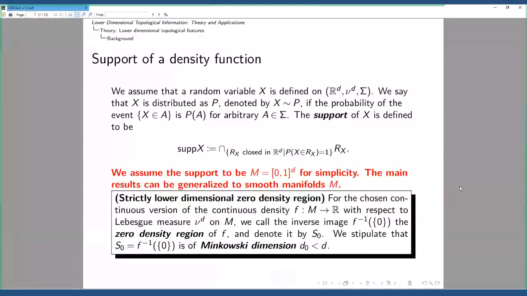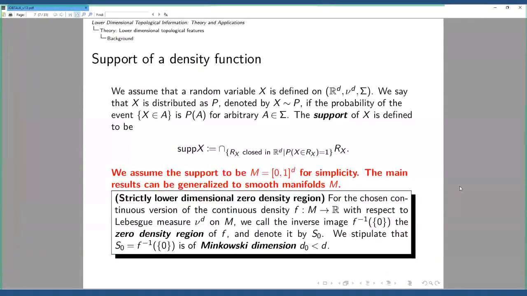This d-dimensional unit hypercube will obviously have Minkowski dimension d. Actually, for smooth manifolds, the manifold dimension will coincide with its Minkowski dimension. So our main result can be generalized to a smooth manifold M, with more complicated notation, of course.